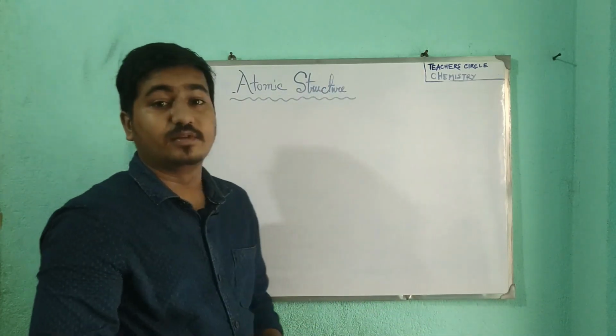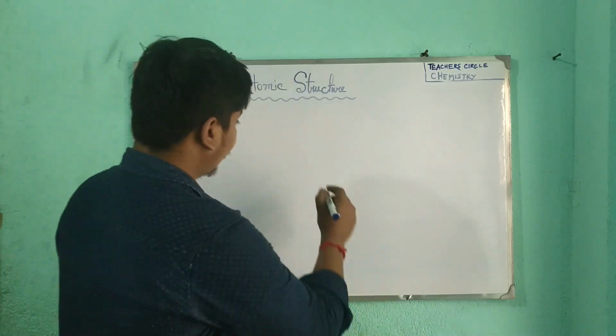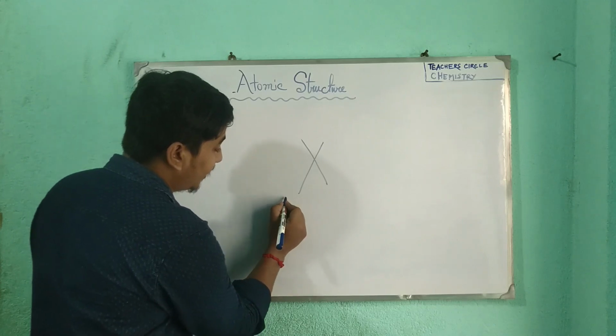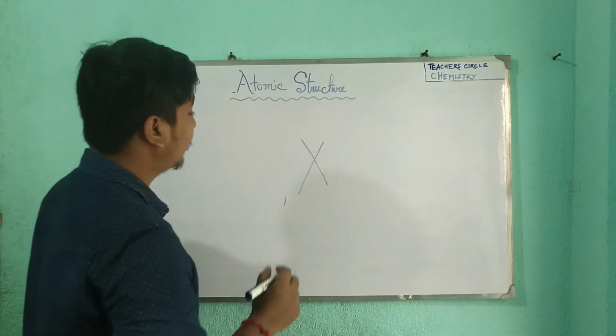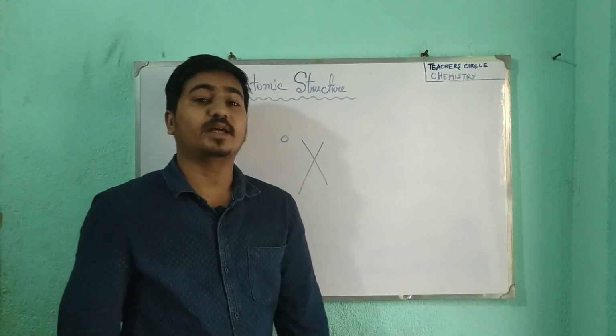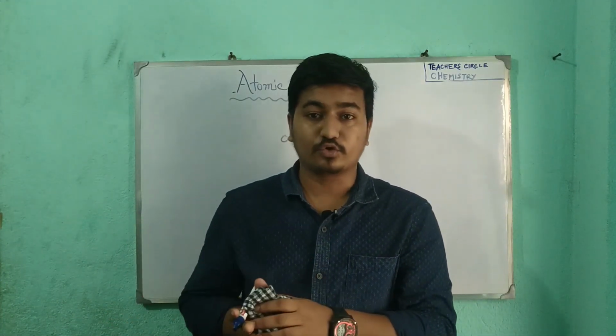After that, there is another thing, that is mass number. What is a mass number? For that element X, if the atomic number of that element is 1, then the mass number is 0. And how am I proving that? The mass number is equal to the atomic number plus the number of neutrons.